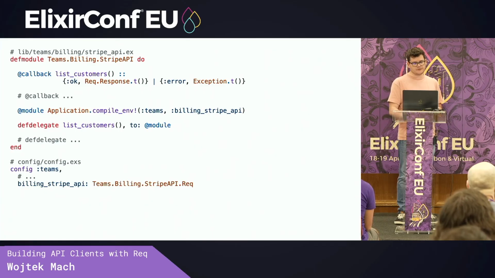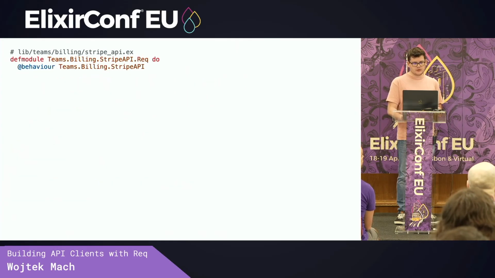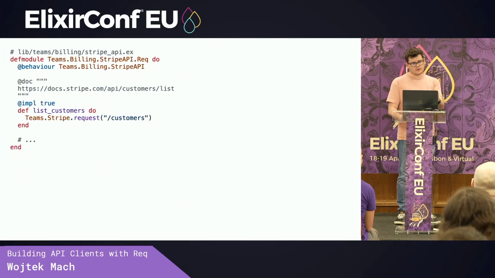In the configuration, by default, we would set the implementation module to, let's say, Stripe API Req. That's a module that uses Req to make these calls. But in tests, we would use something different. We implement the Stripe API behavior, and then for each of the points of integration with Stripe, we would use the Stripe module.